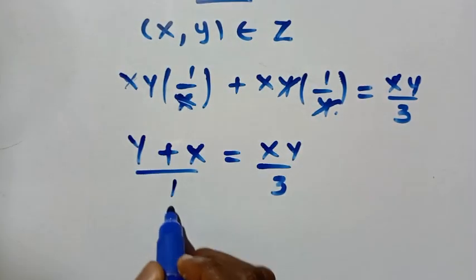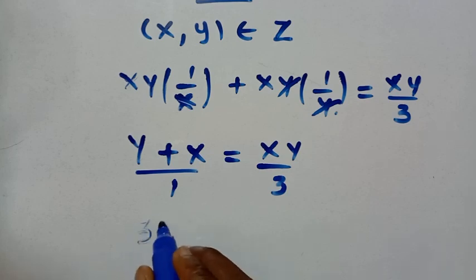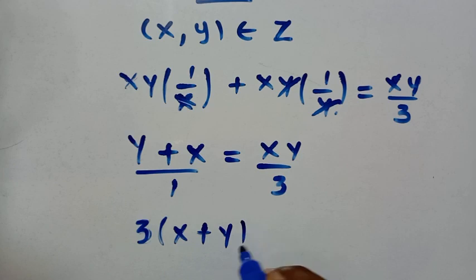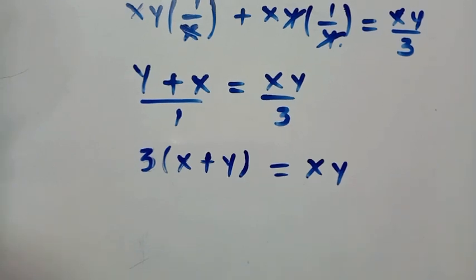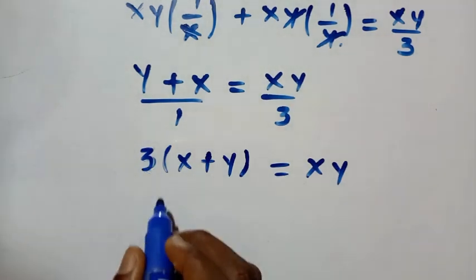If this is divided by 1 and we cross multiply, we have 3 bracket x plus y equals xy. After having this, let's open this bracket with 3.